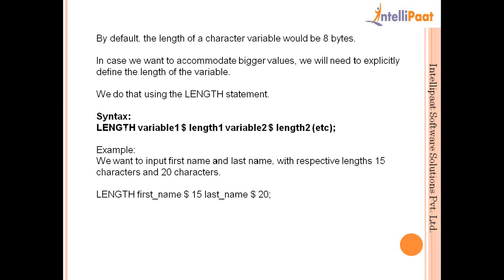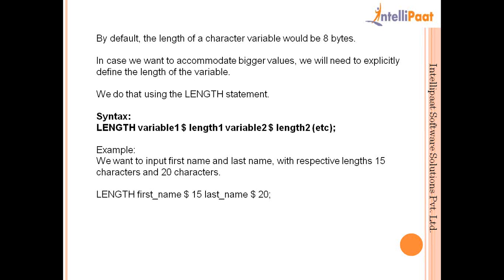By default, the length of a character variable is 8. Point to be noted: by default, the length of a character variable is 8 bytes. In case we want to accommodate bigger values, we need to explicitly define the length of the variable, and we talked about it in the formats session, that we can specify whatever length we want, but by default SAS takes it as 8.